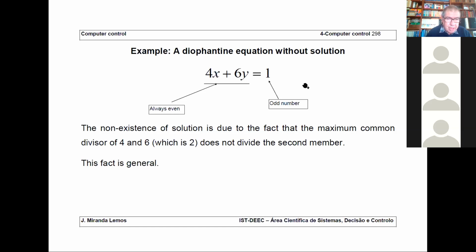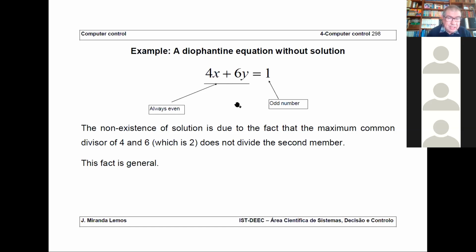And what happens here? If you compute the maximum common divisor of 4 and 6, that is to say, the biggest integer number that divides both 4 and 6, it's 2. And this maximum common divisor does not exactly divide 1, because 1 divided by 2 is 1/2, which is not an integer number.